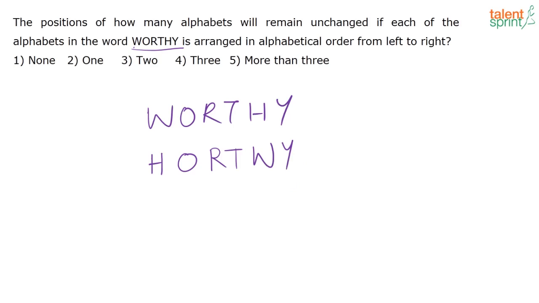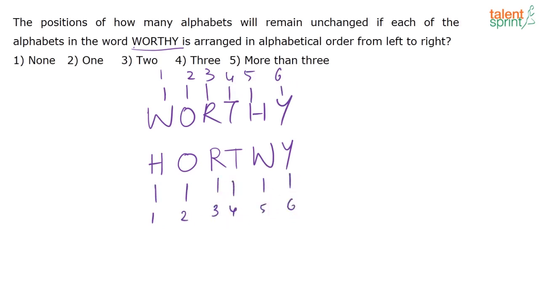Now the question is, the positions of how many alphabets will remain unchanged? So which are the alphabets that are there in the same position? See, this is in position 1, this is 2, this is 3 and this is 4, this is 5 and this is 6. Now after rearrangement, H has come to position 1, O is in position 2, this is 3, 4, 5, 6.